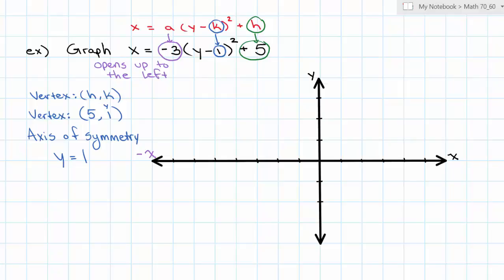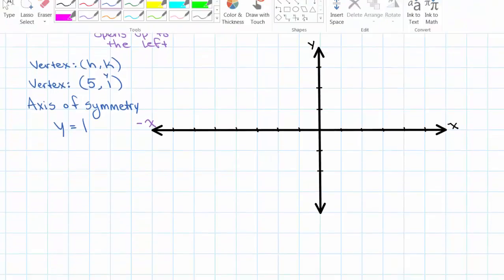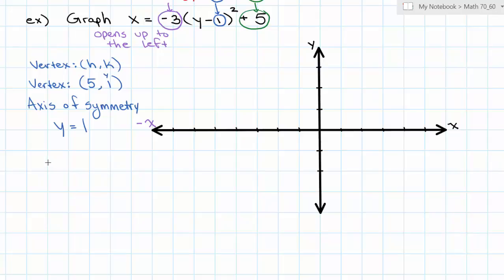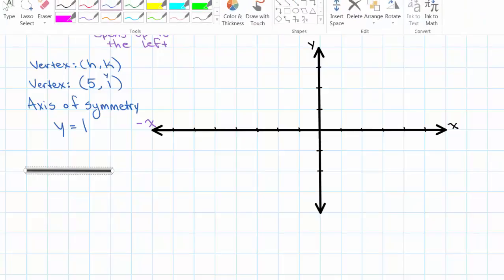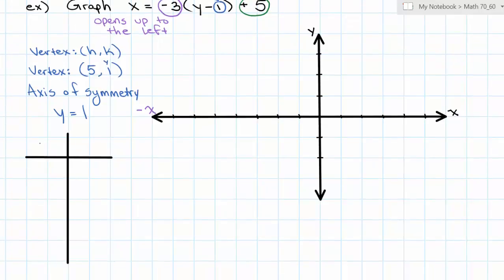So let's set up a table of values. I'm going to choose this vertex to be my middle point right here.